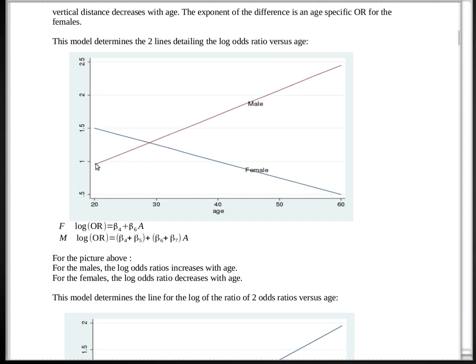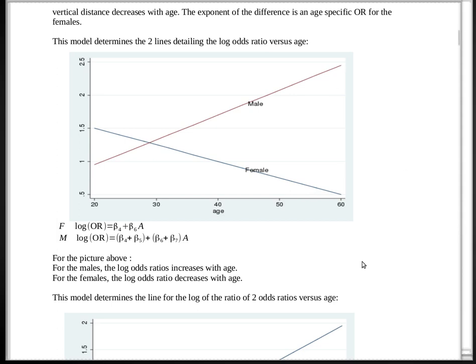Now the slope for the men is positive, but the form of the slope from this model is captured by beta 6 plus beta 7. In other words here, beta 7 is big. It's positive and it's large, larger than beta 6, so that we get a positive slope for the men.